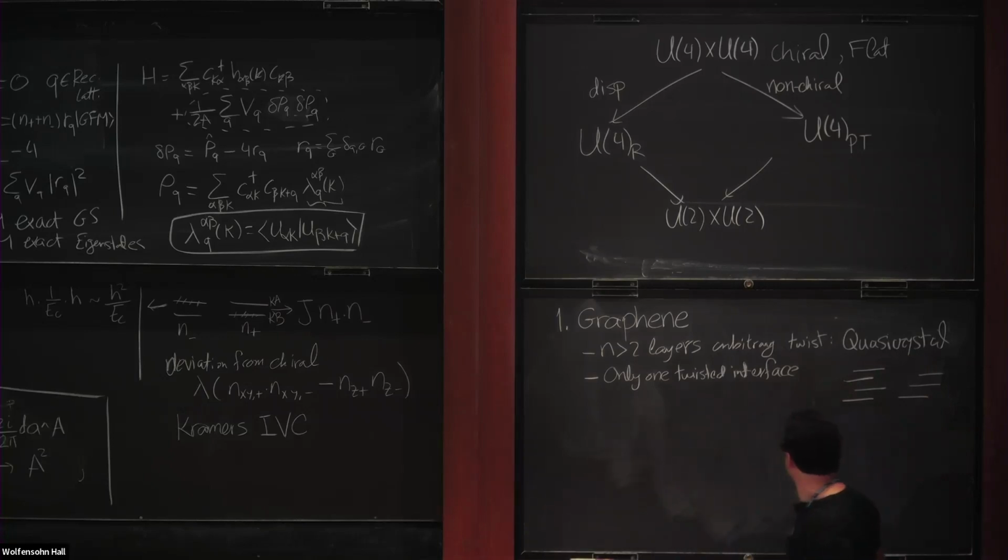So you can do AB, AB, or ABC, so that the relation between every successive one is AB. This is called Bernal. And this is called rhombohedral. It turns out this one is more interesting. So this is kind of what people have been using.